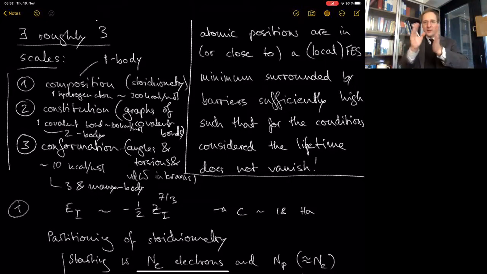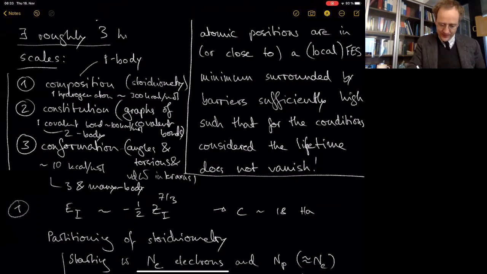The angles between 3 atoms, that's a 3 body effect, right? Torsion is a 4 body effect, right? So inherent in these scales, you have this kind of hierarchy. So there are roughly 3 hierarchical scales, right?